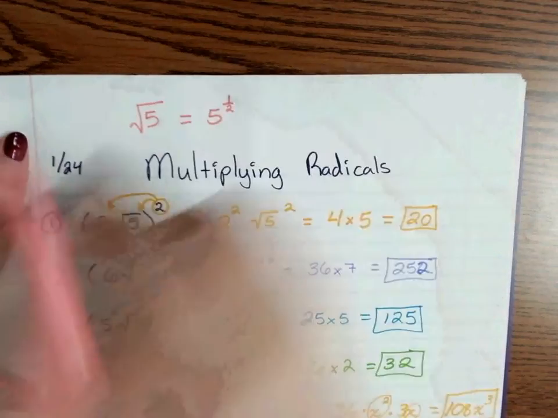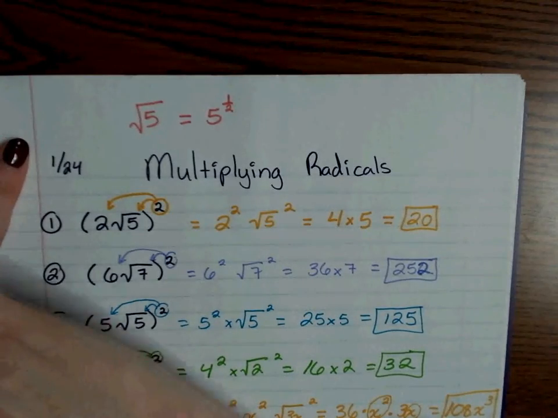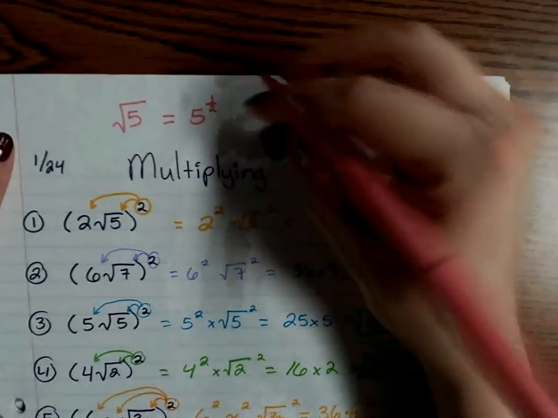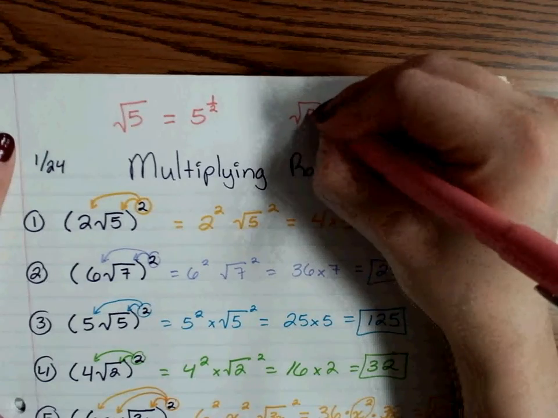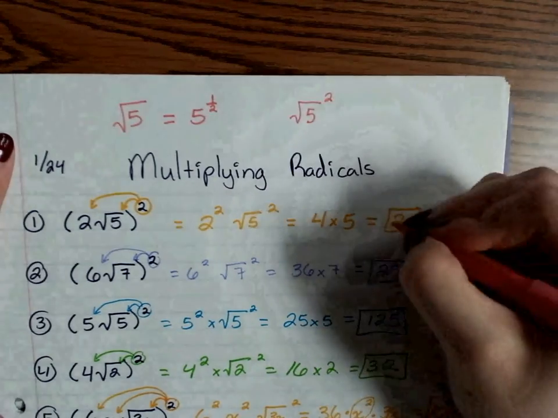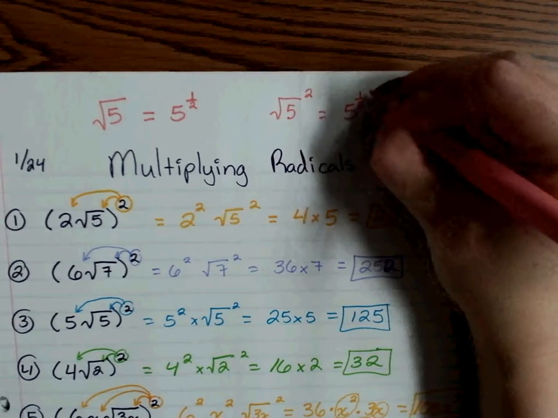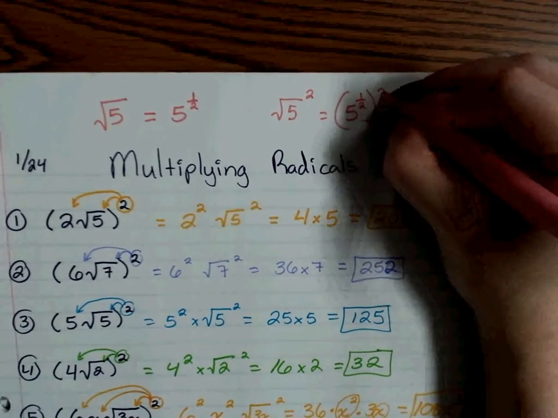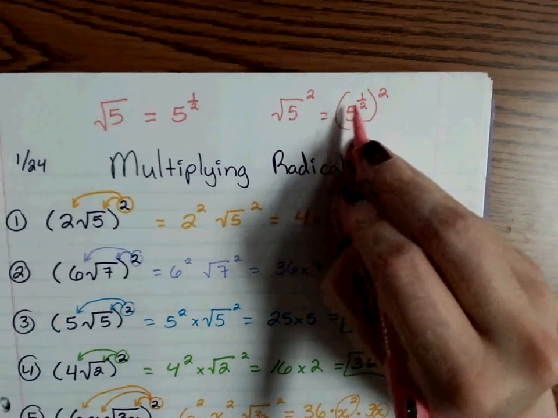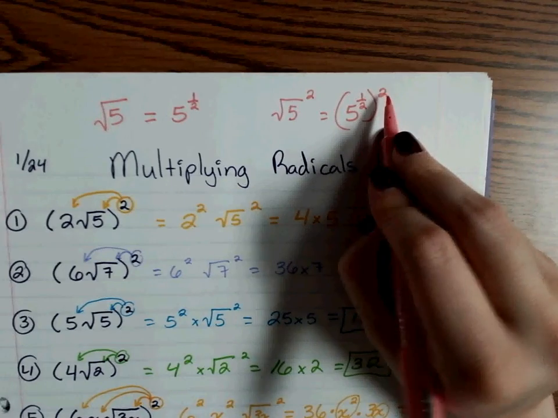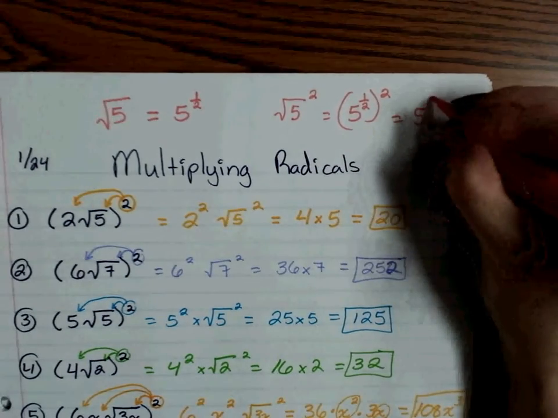So here's why. If I take the square root of 5 and then I square it, it's technically the same thing as saying, hey, I've got 5 to a half power, and I'm going to square it. Well, what's a half power times 2? 1, which gives you 5 to the first power, or just 5.